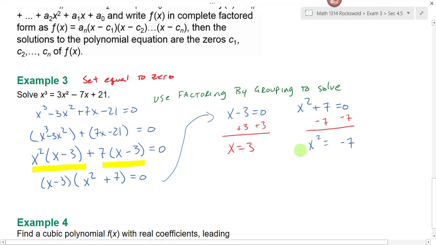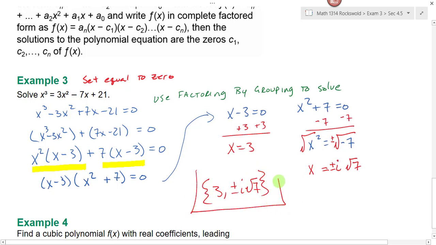I take the square root of both sides, but I've got to remember to do the plus or minus. So that's going to give me x, because the square root of x squared is x, equals i square root of 7, and don't forget the plus or minus. So my zeros here, the real and the imaginary ones, are going to be 3 and plus or minus i square root of 7. These would be my zeros for this polynomial equation.